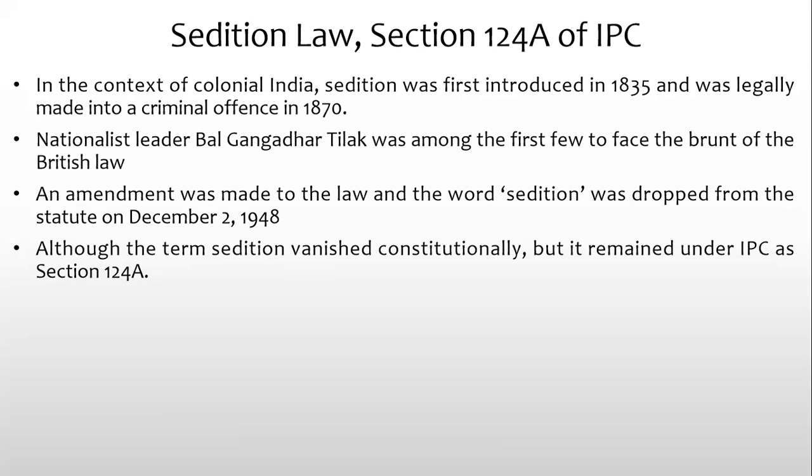Sedition Law, Section 124A of IPC. This was also during the colonial period and enforced by the British. It was first introduced in 1835 and was legally made into a criminal offense in 1870. It was started in England under the Treason Act 1795 during the lifetime of King Charles II.